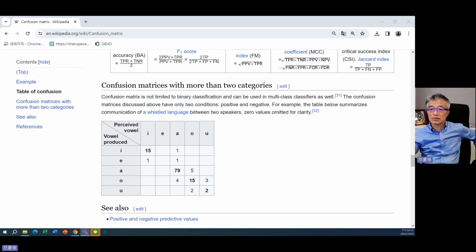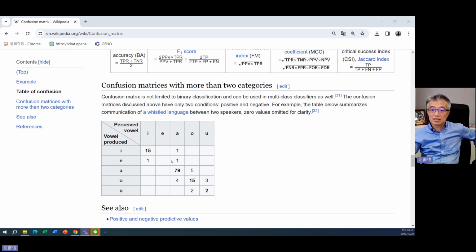For the produced vowel and the perceived vowel, this is actual and this is predicted. So only 1 out of 16 has been predicted incorrectly.